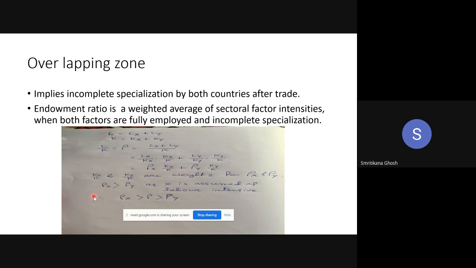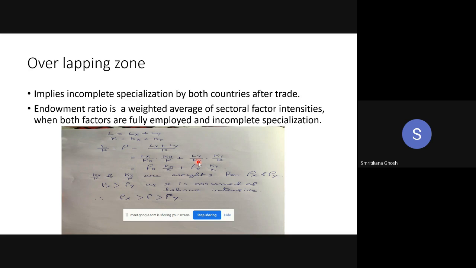One more thing: tau x is greater than tau y. Tau x is Lx by Kx and tau y is Ly by Ky. It is said that tau x is greater than tau y, that is, Lx by Kx is greater than Ly by Ky. Why?